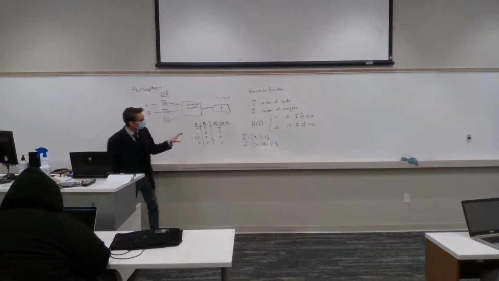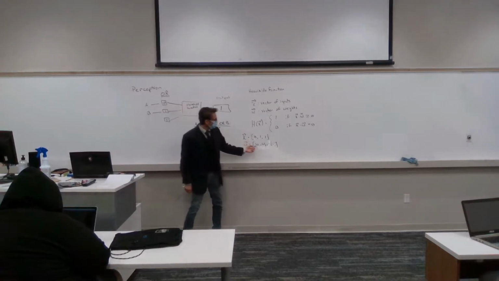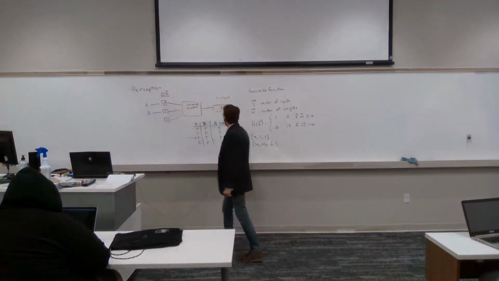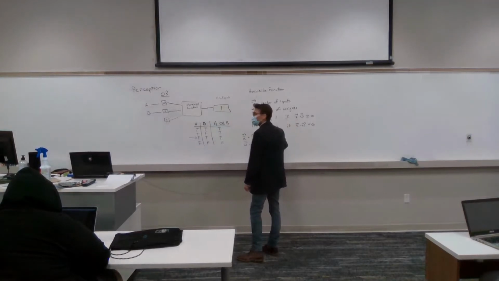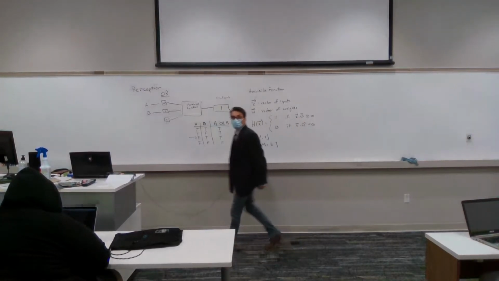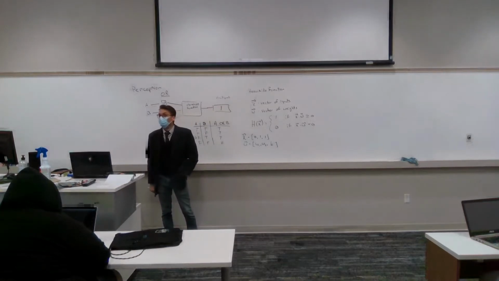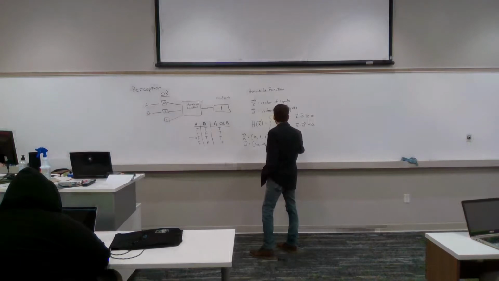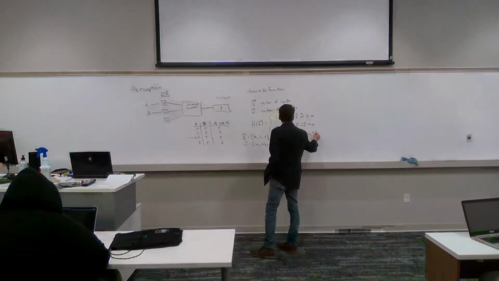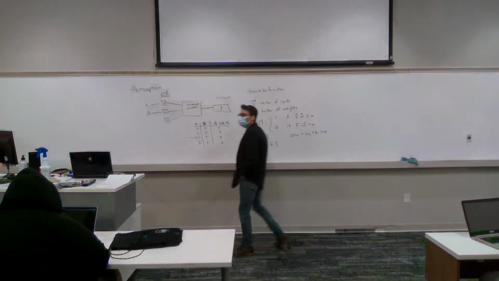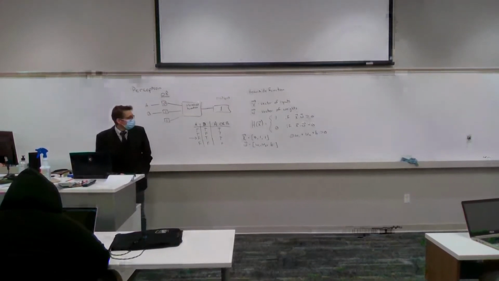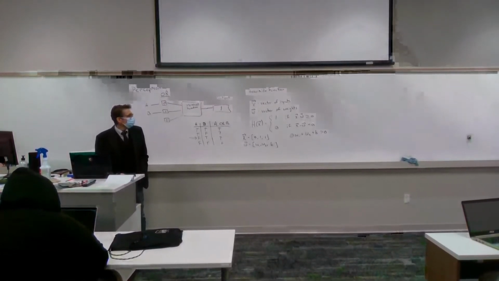So what are we looking at? We need these weights to, when we do the dot product, we need that value to be, we want it to be positive. All right, so what are we looking for? We're looking for 0 times W1 plus W2 plus B, and we really want that to be positive. So are there any weights that we could put in there that would make that positive?